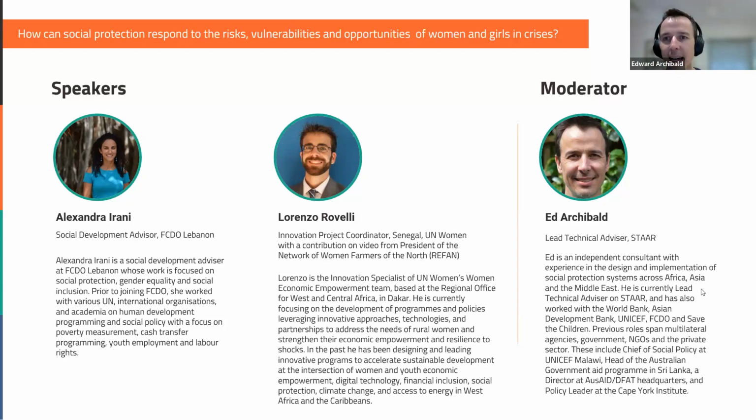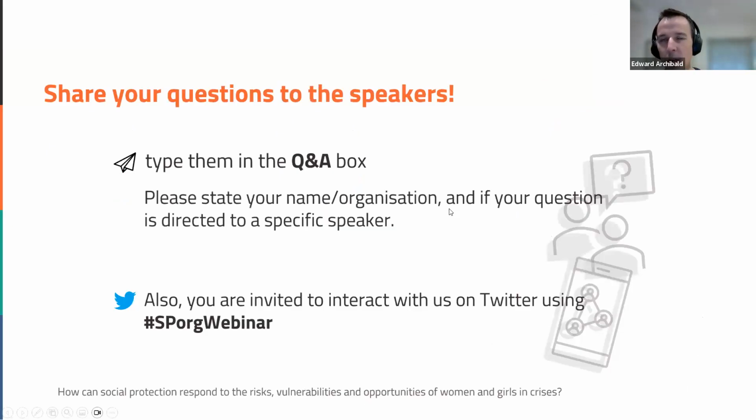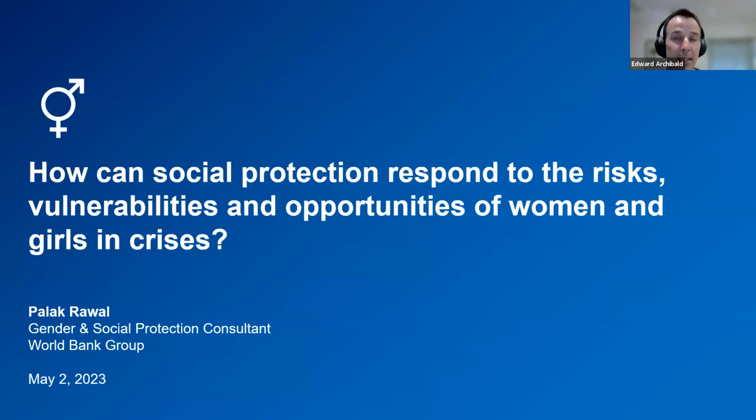So that's the 4 members of the panel. Without further ado, over to you, Palak, to talk us through how the World Bank is working with partners in South Sudan on strengthening gender in social protection.